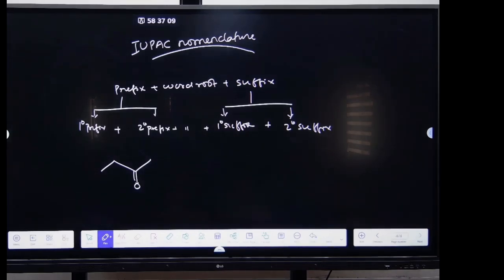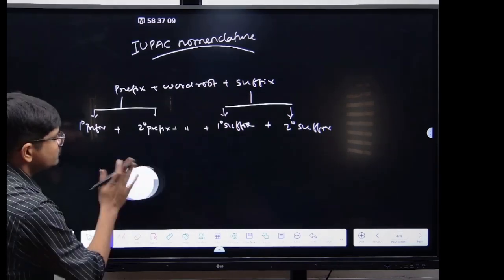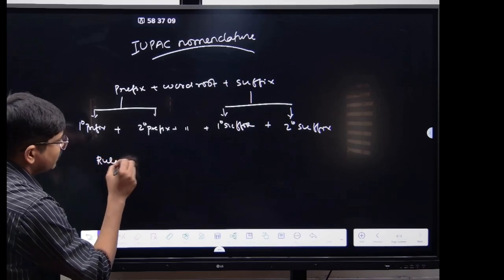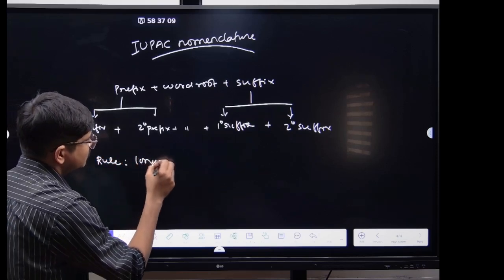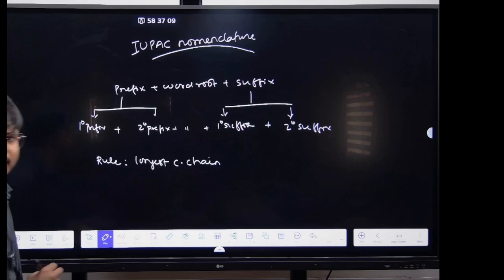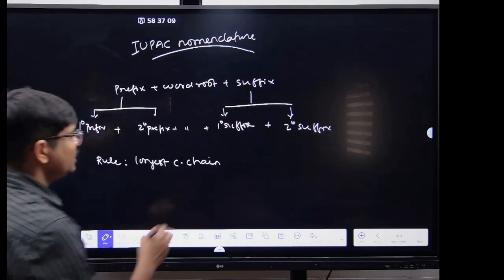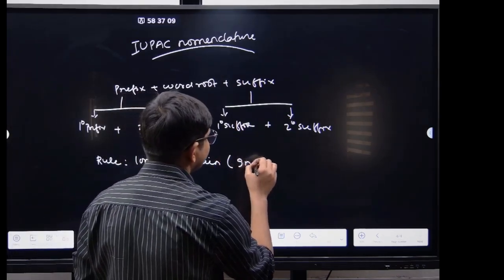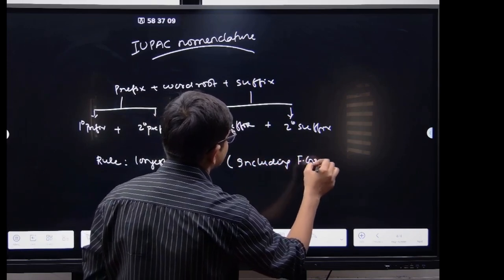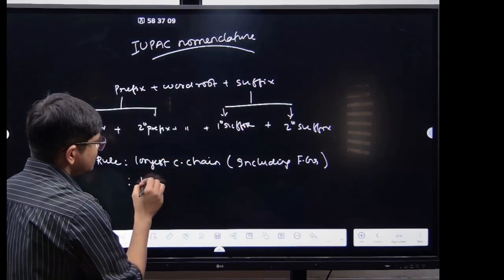For example, see here, if I ask you to write the IUPAC name for this one, you know how to write this IUPAC nomenclature. The first rule, you have to look for the longest carbon chain, including the functional groups, if possible. Then you have the least locant rule.